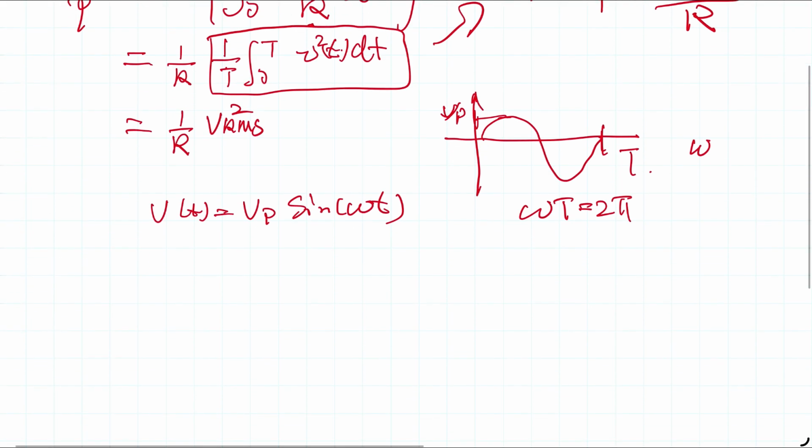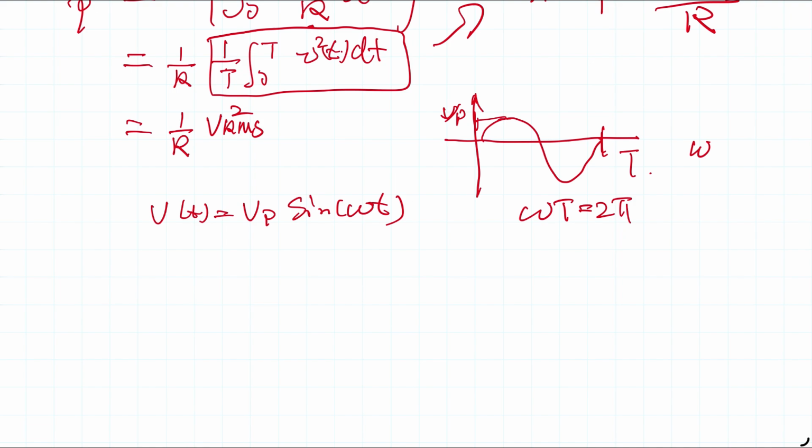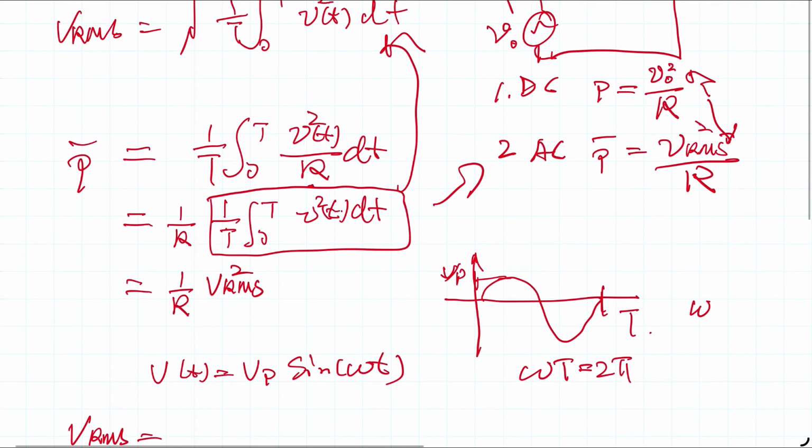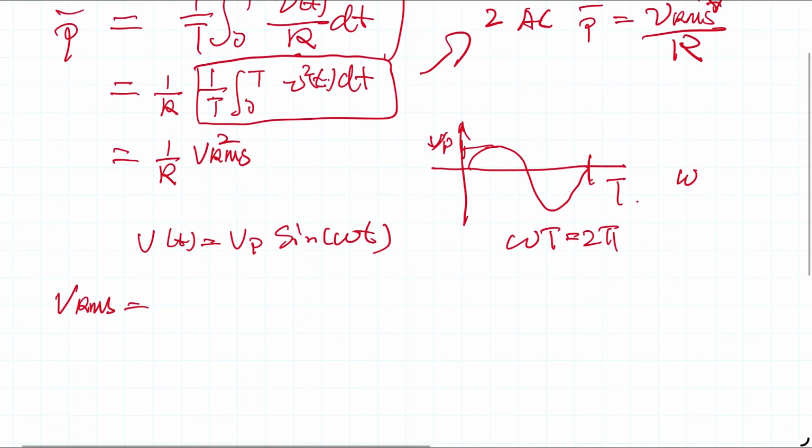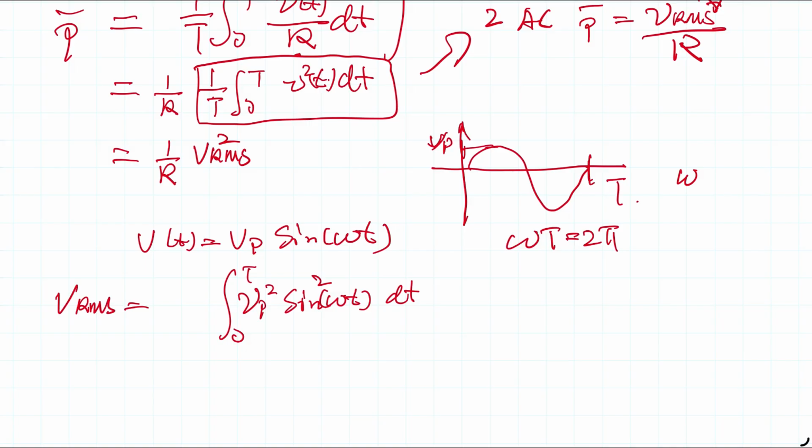And to get the RMS value, VRMS in this case, we use the integration format, which is right here. We have Vp squared sine omega t squared first. Then we integrate from 0 to T over dt.